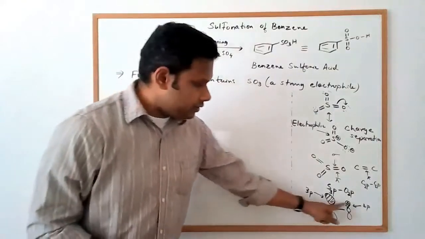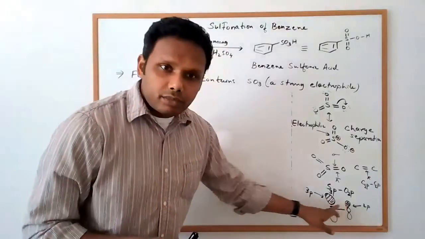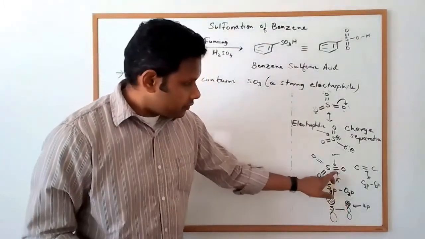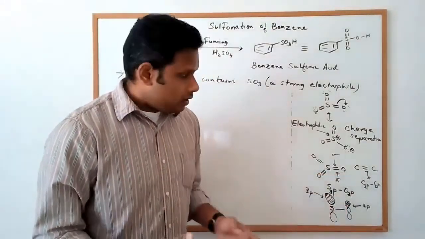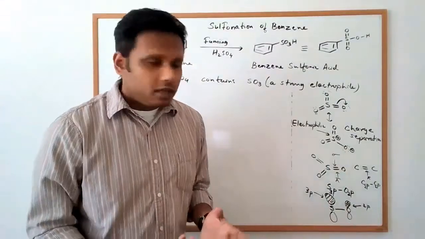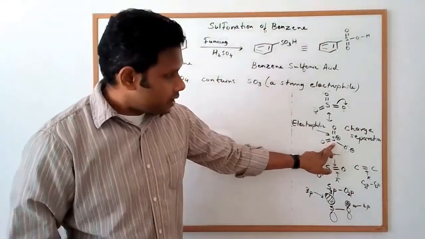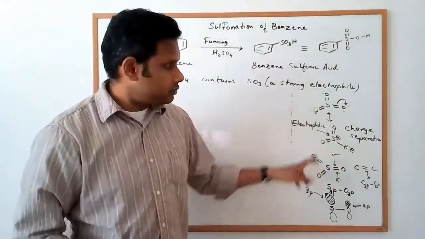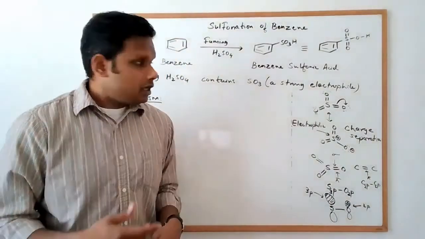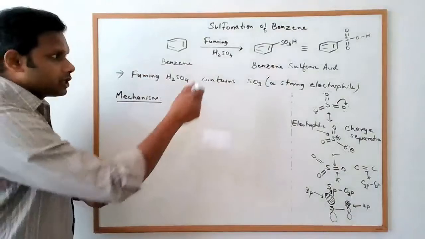And since these are from different energy levels, which means they have different sizes, the overlap between them is not very efficient. And so because of that, the sulfur-oxygen double bond is polarized, which means it is better represented with a single bond nature with formal charges on sulfur and oxygen. And what that means is the sulfur has a formal positive charge on it, which means it is a very electrophilic center here. So that's why sulfur trioxide is a highly electrophilic molecule. And so that serves as the electrophile here.